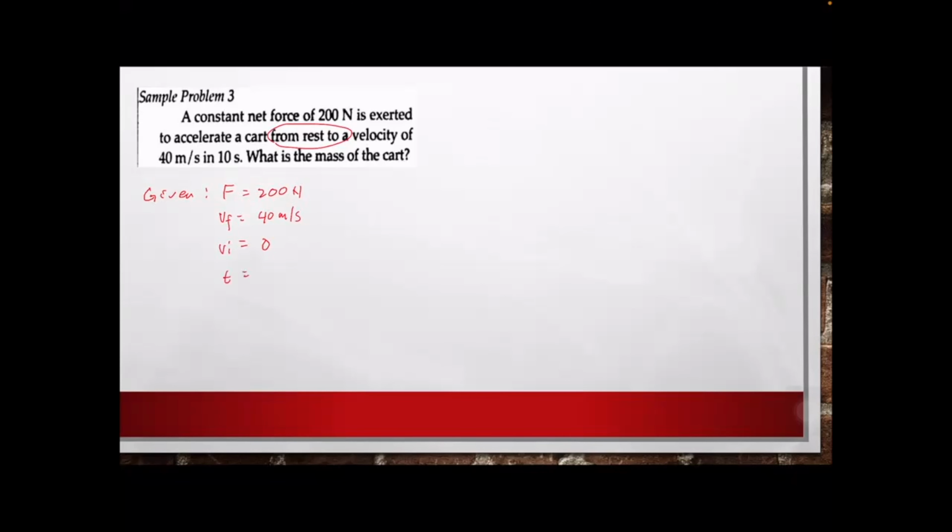Let's find first. We are finding for M, the mass. Our formula is F is equal to MA. Do we have A? Wala pa. So, find A muna. How to find A? A is equal to VF minus VI over T. Yung ating formula.